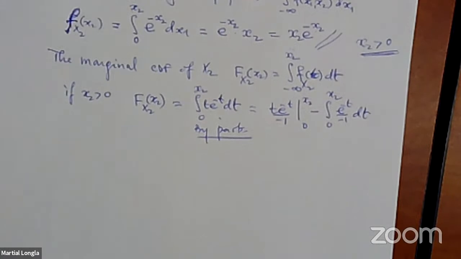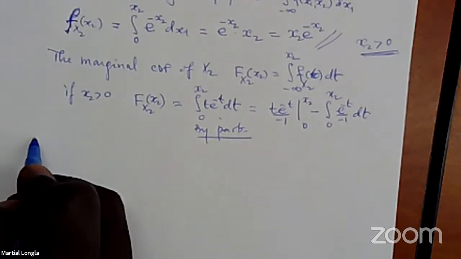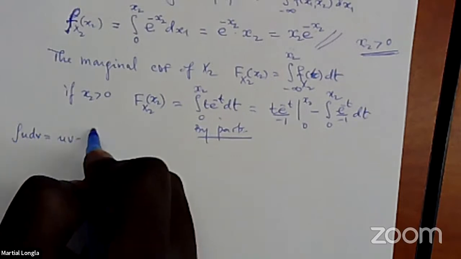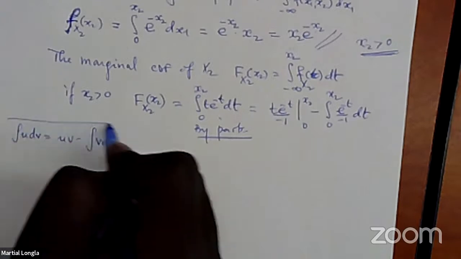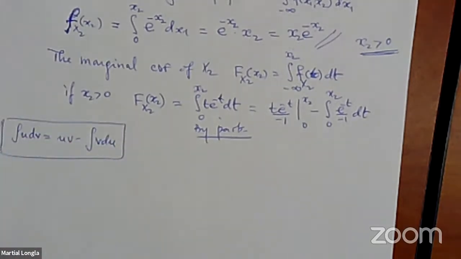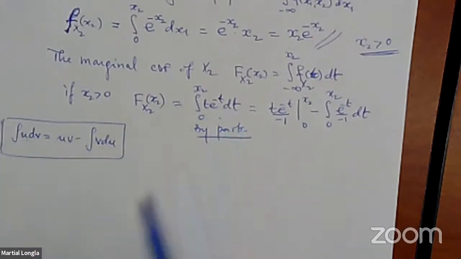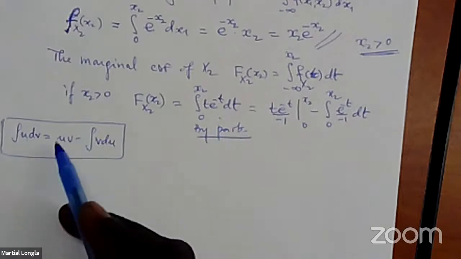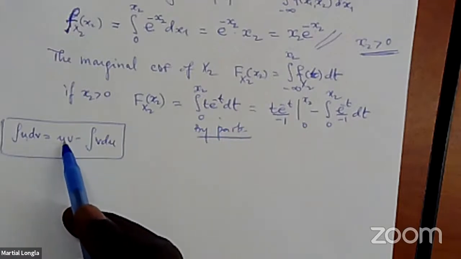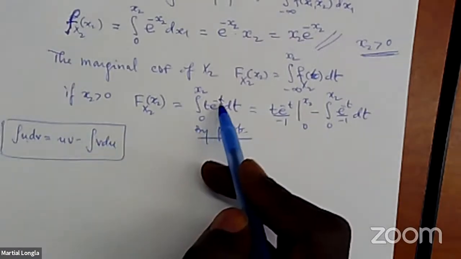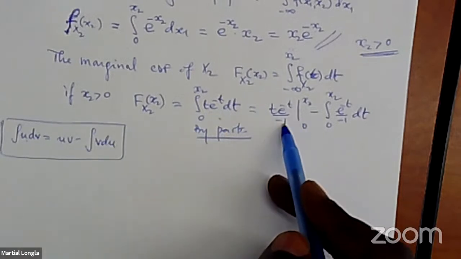If you remember integration by parts, the integral of u dv equals uv minus the integral of v du. In this case, u is t, dv is e to the negative t dt. So u being t, du becomes just dt. And v is the function that has derivative e to the negative t, which is e to the negative t over minus 1.